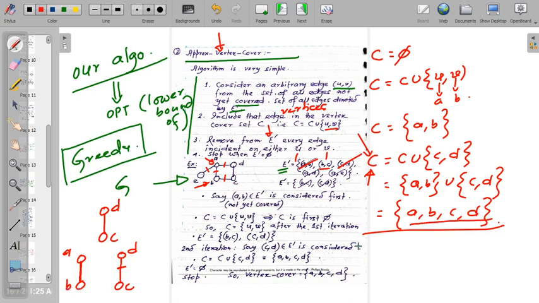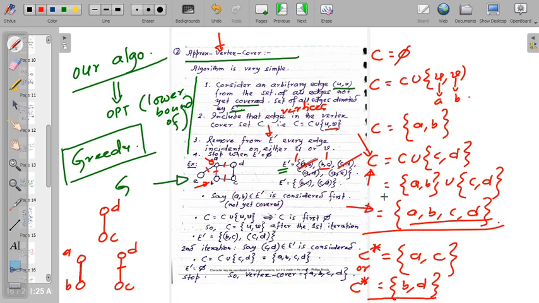But you see the optimal vertex cover C star is either AC, or the optimal vertex cover could be BD. This could be the optimal vertex cover, and this is the approx vertex cover. So this may not be optimal, right?